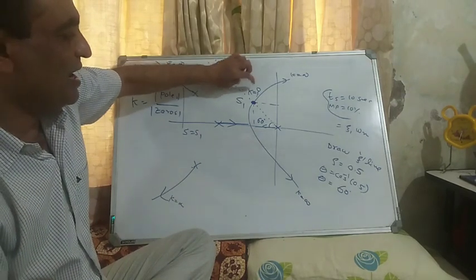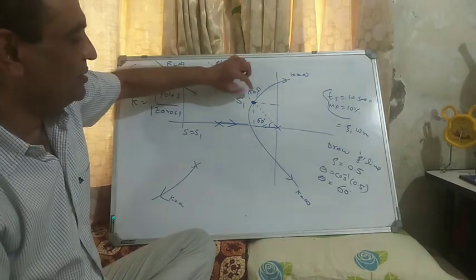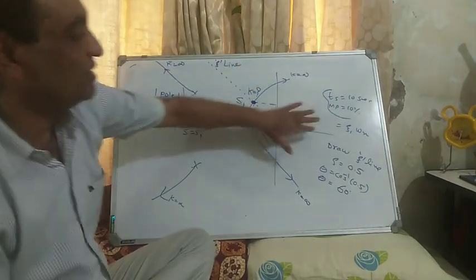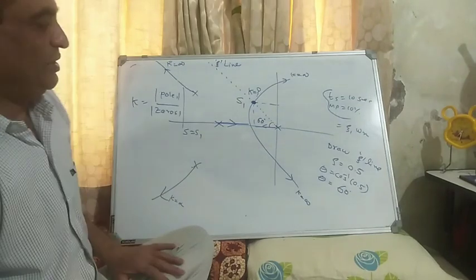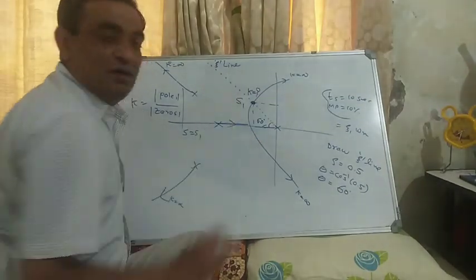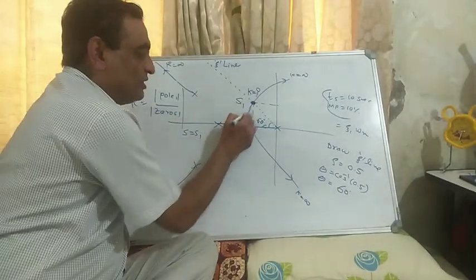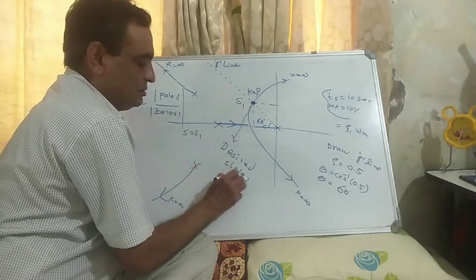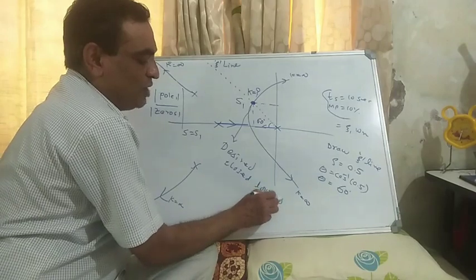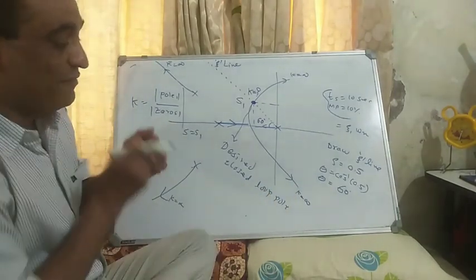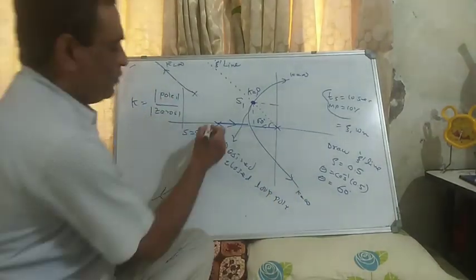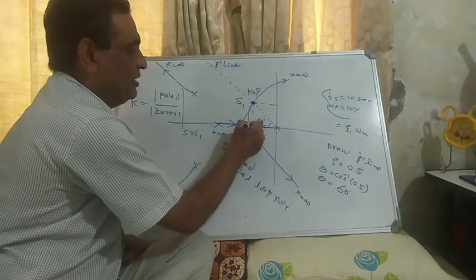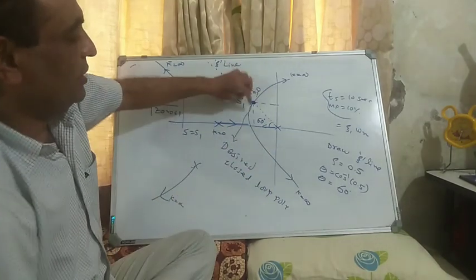If you have that particular K, then your closed loop pole would be here. And if your closed loop poles are here, you will get the desired response, Ts and Mp. So this is how you find the desired closed loop pole. How will you get it? By varying K. K from 0 increases, there is a breakaway point, and then K increases again.